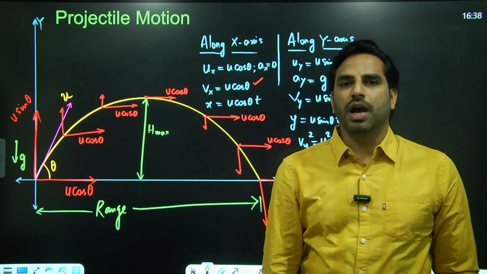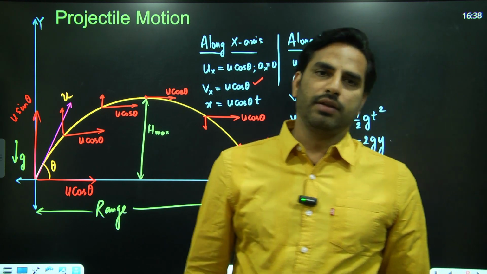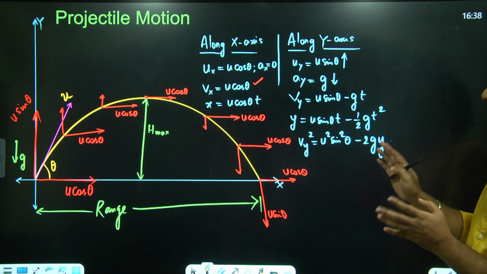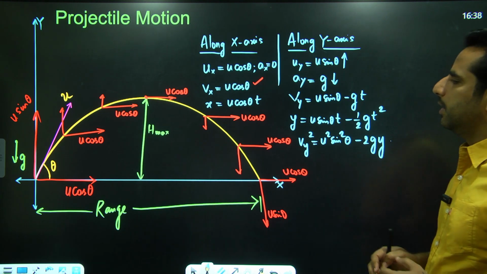These are the equations governing the vertical motion of the projectile. That's all. Using these equations, using some mathematical calculations, we can derive different things.